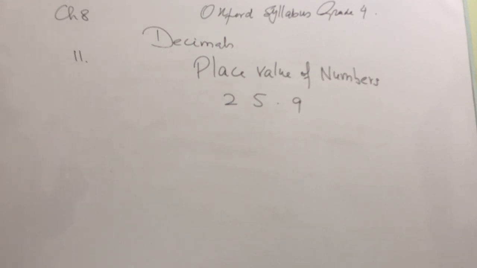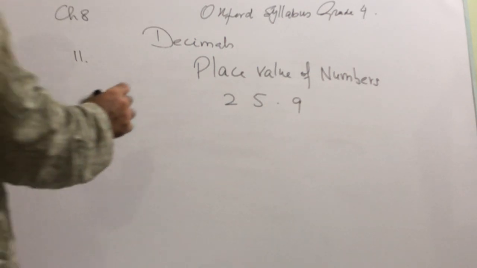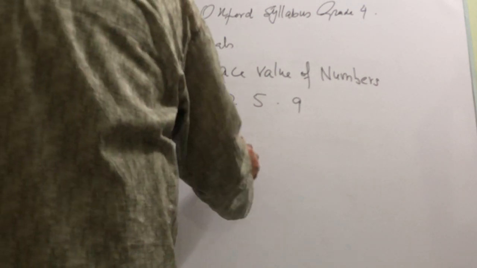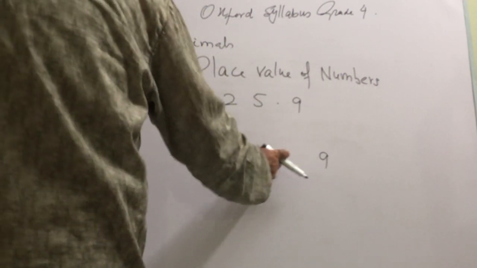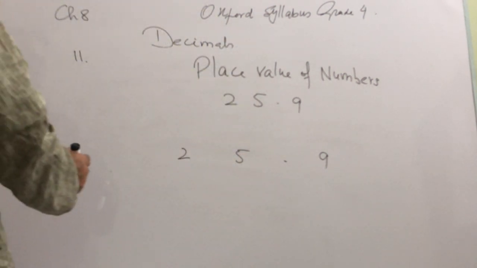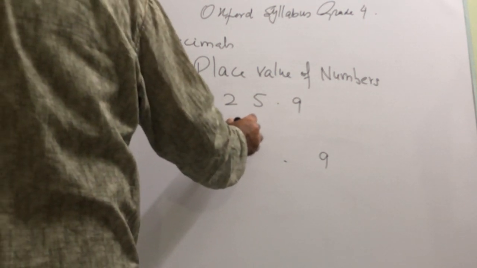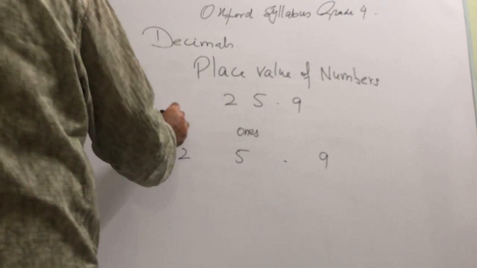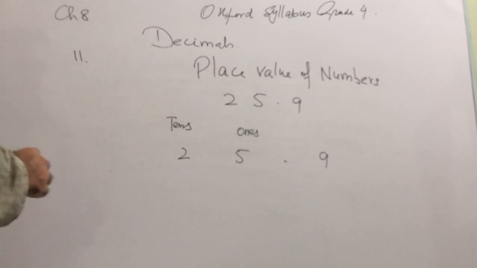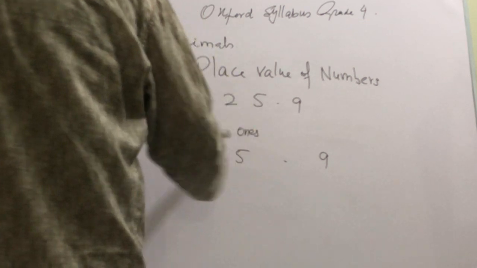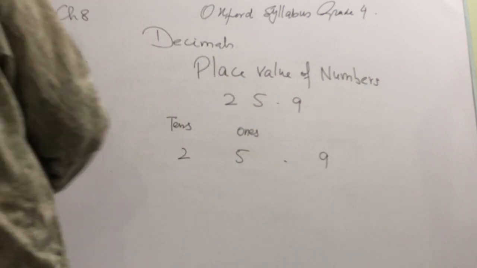Here you need to know that in 25.9, from the point going right to left on this side, this will be termed as ones, this one tens. This is the left side of the decimal.